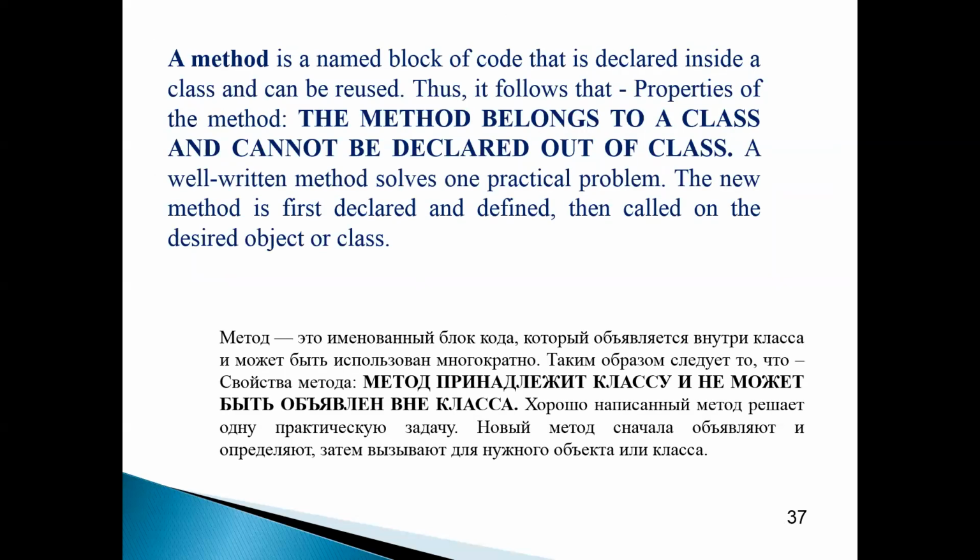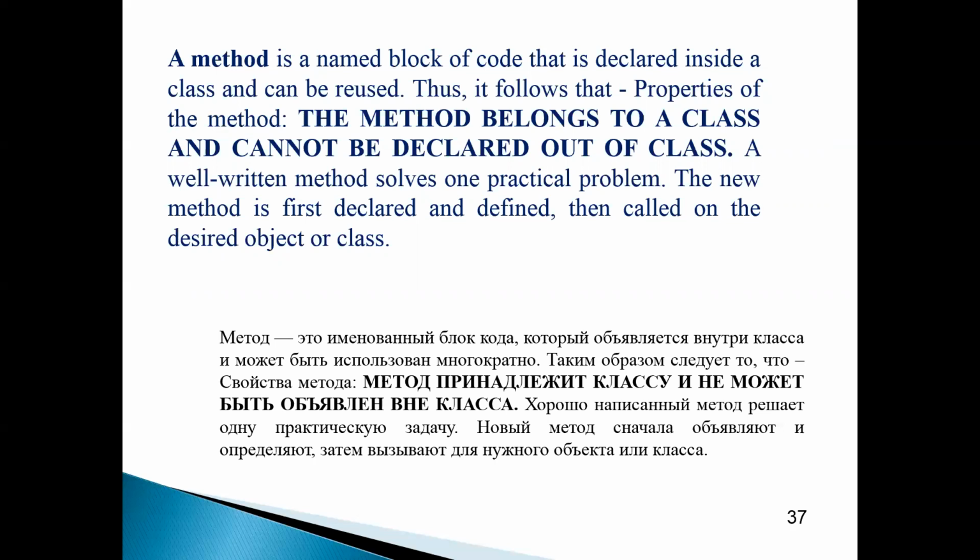Next slide, guys. It presents the following information. You can see definition of a method. Okay, a method is a named block of code that is declared inside a class and can be reused.